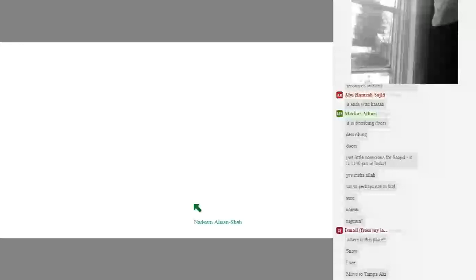So that ta teaches us that this khabar is not about the masjid. This khabar is actually about the doors. The doors, ahsant.